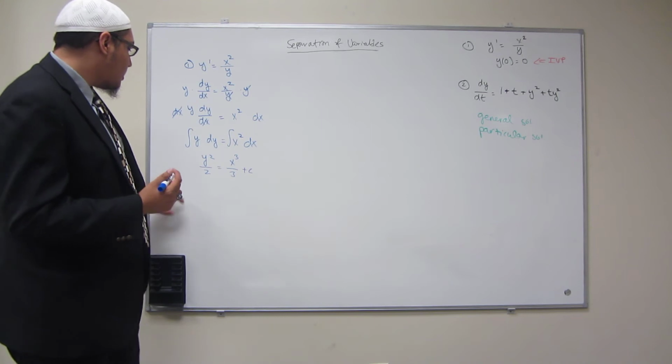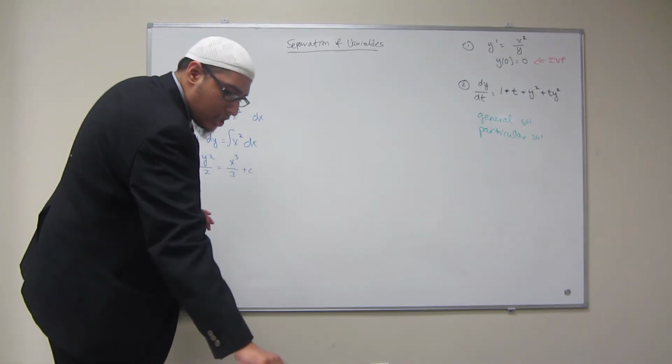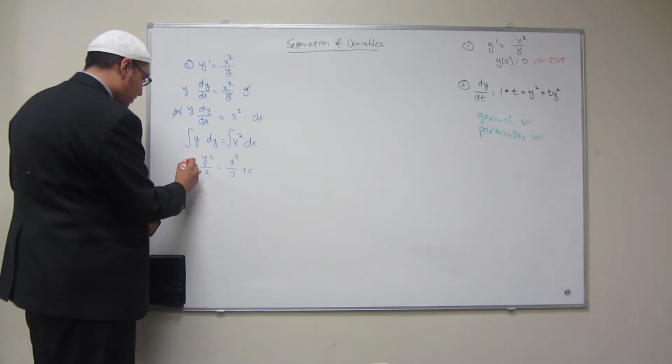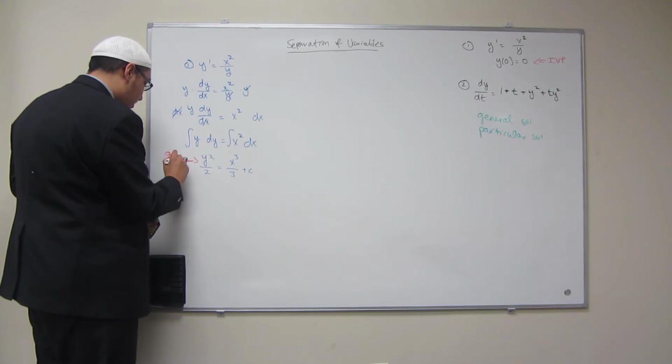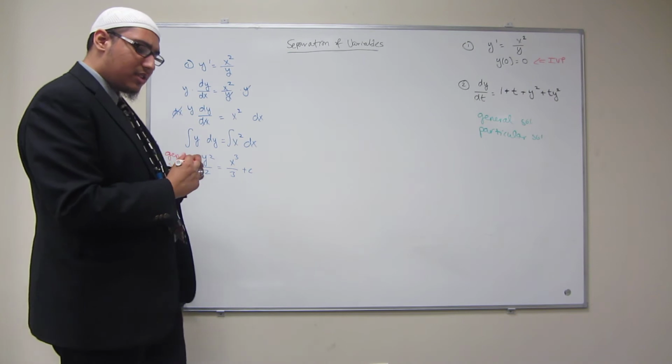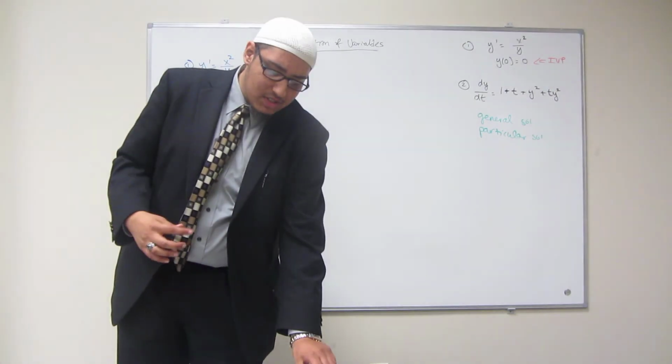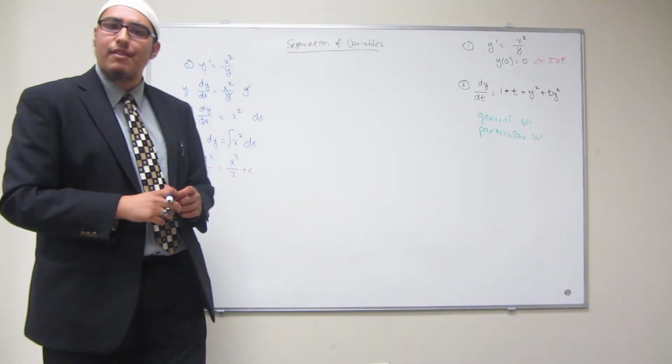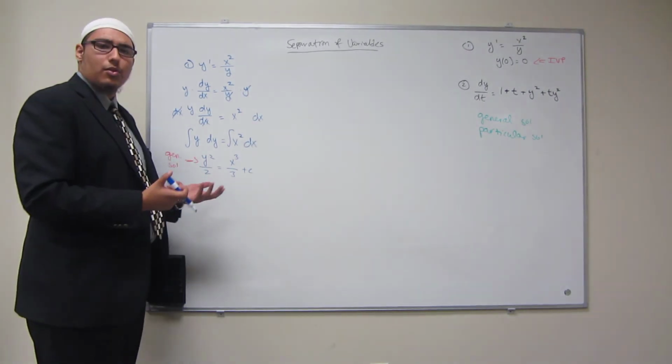Now, this is already a general solution to the differential equation. A lot of times, though, we're asked to submit these general equations in simplified format. In other words, solve for y.